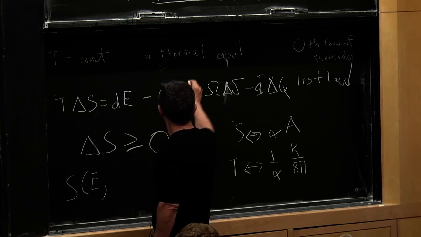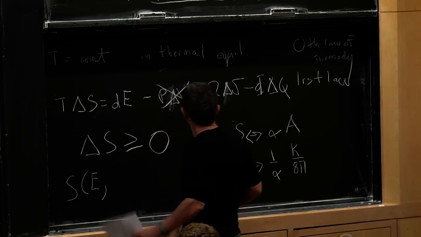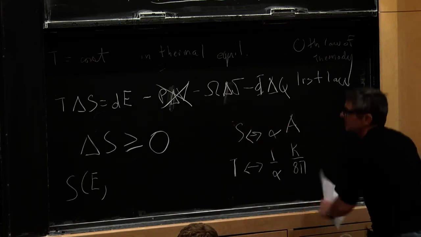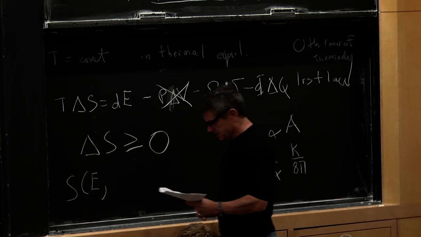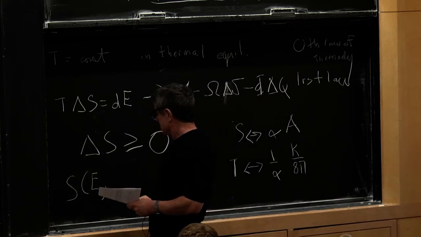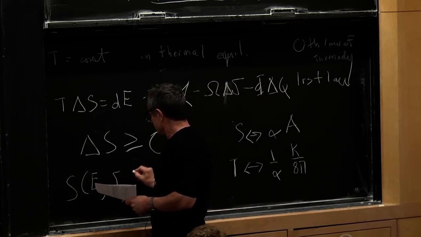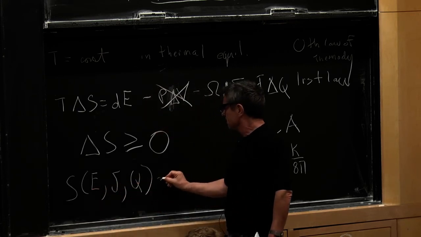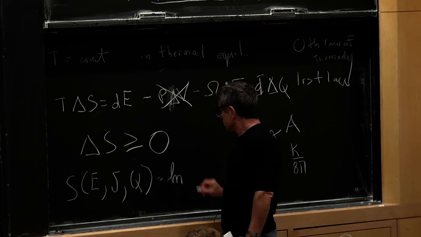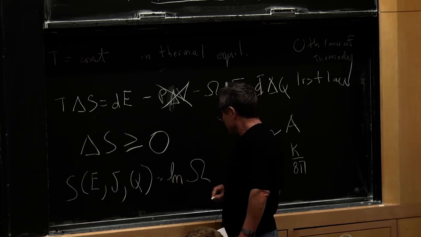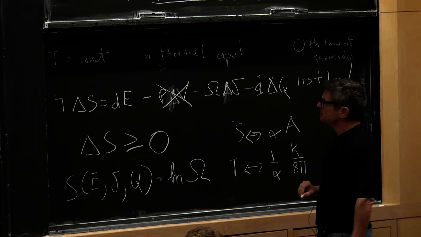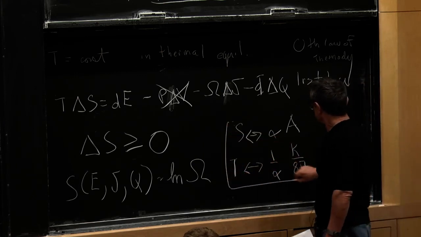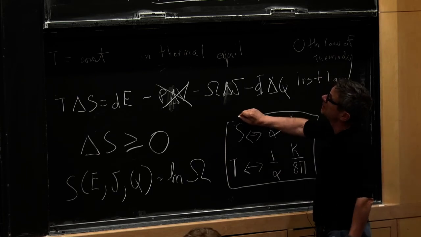Well, we aren't working in a finite volume ensemble, but we would have some entropy which is a function of the energy, the angular momentum, and the charge. And we would hope to compute this as the logarithm of some number of microstates, and then we would have the usual thermodynamic relations.